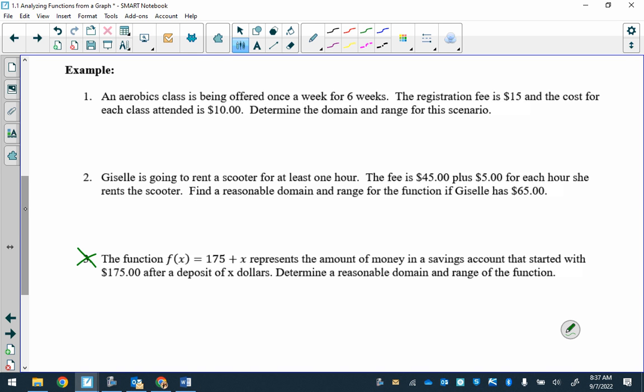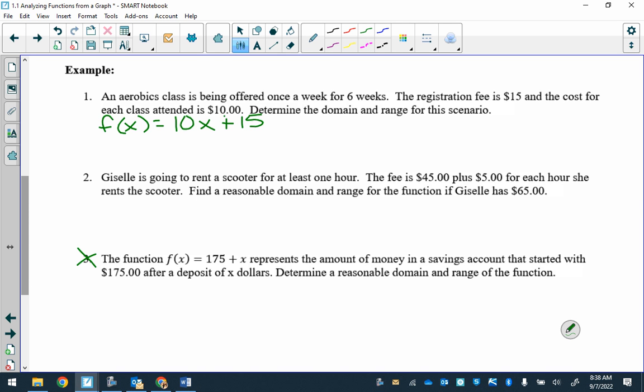The class is being offered for 6 weeks, so that has to deal with the domain. Look at the registration fee is $15 and the cost for each class attended is $10. So that's where you're going to create your function. Any ideas? Yeah, that's it. Okay. So f of x equals, for class attended is $10 per class, right? So 10x plus the registration fee of 15.